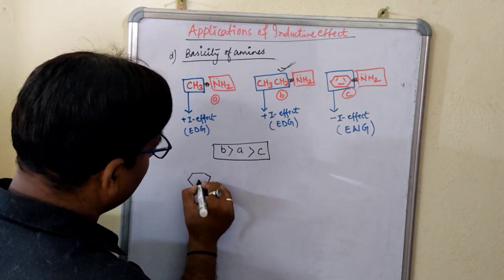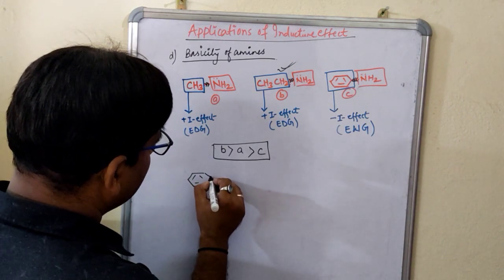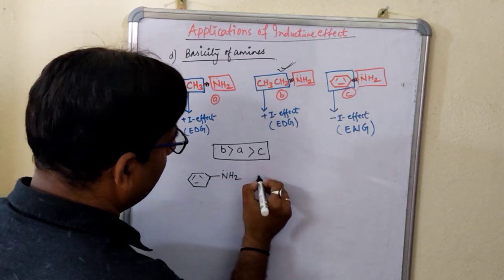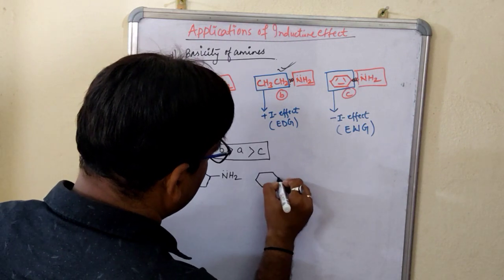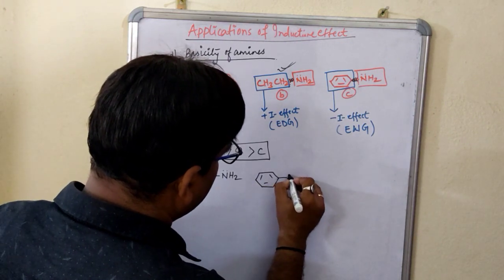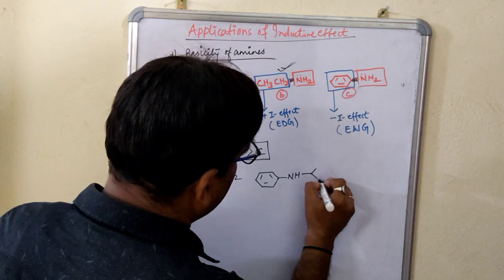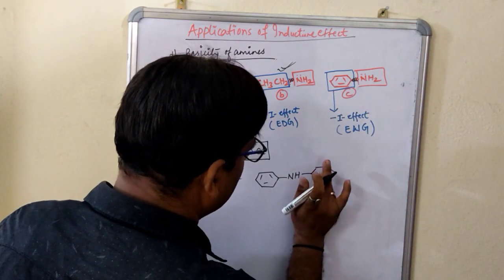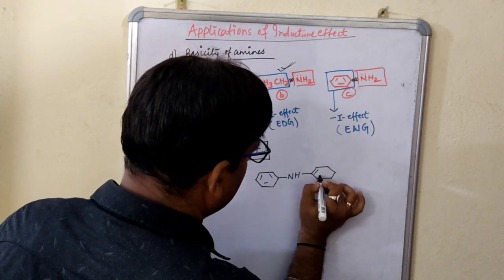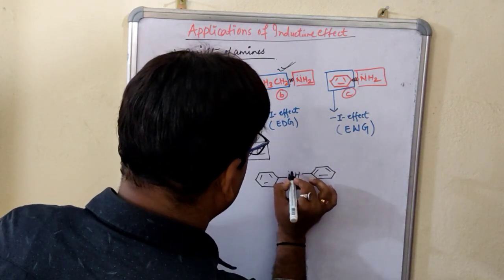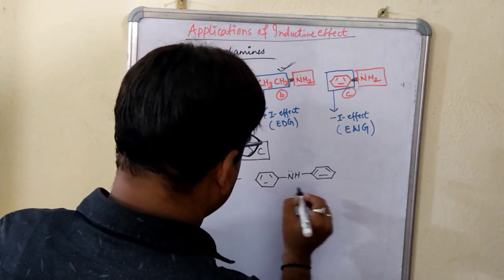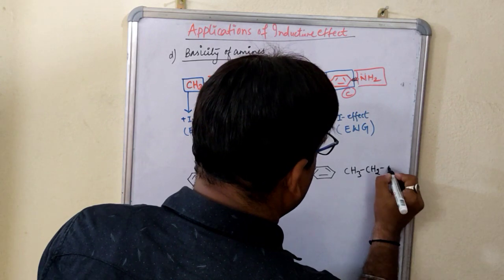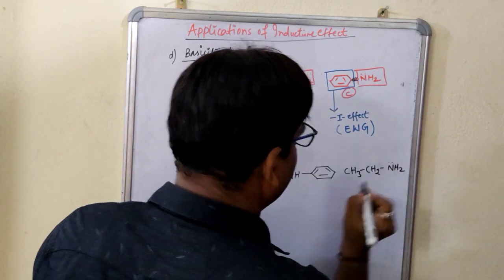Now one more example I will tell you. For example, suppose this is the phenyl ring having NH2, we have 1, 2, 3 NH, lone pair of electrons here also, and here we have CH3, CH2, NH2 having the lone pair of electrons.